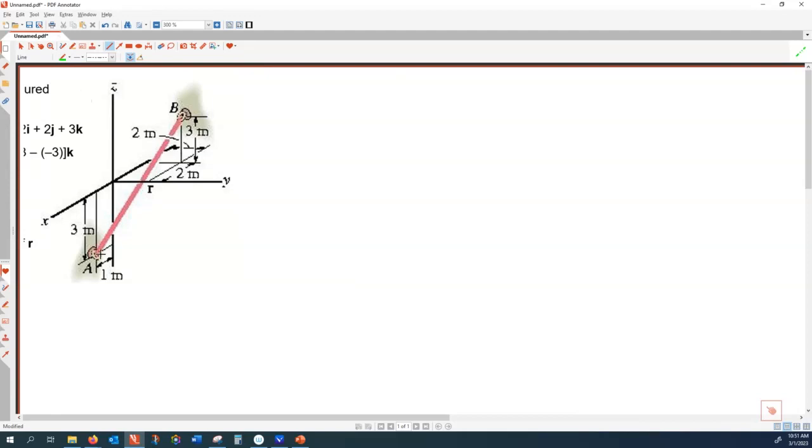So to go from A to B, first I travel 1 meter in the X direction, and then I go vertically 3 meters, and then I go along the Y by another 2 meters, and then in negative x, I travel 2 meters. Sorry, this should be from here.